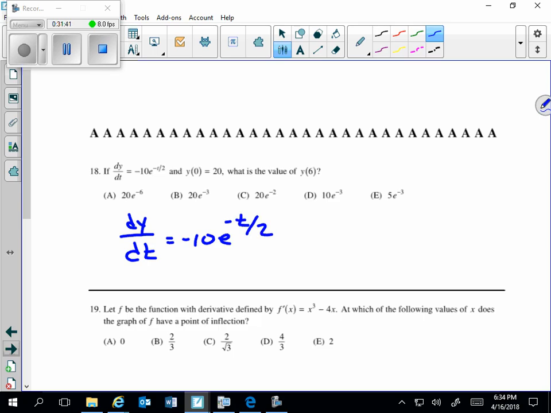Well, kind of, sort of. I can really just integrate this, just bring the dt over here, and now integrate that and integrate that. So it's really just a basic integral. Integral of dy is just y. That negative 10 I'm going to stick out in front for right now.